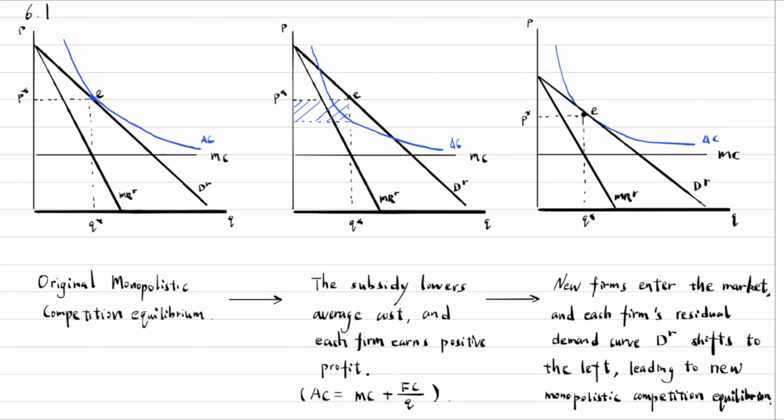At the new monopolistic competition equilibrium, price equals average cost and each firm earns zero profit. Compared to the original monopolistic competition equilibrium, the new equilibrium has a lower market price and a higher market output, although each firm produces less.